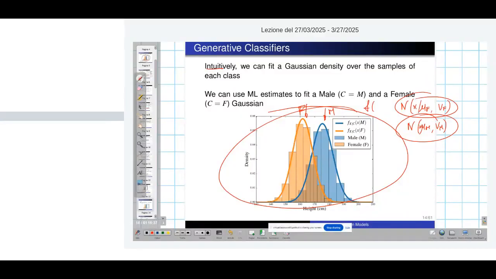So this will be the conditional density given female here, and this is the density given male. And from the histograms, I can see that there is a reasonable match between the histogram and the density. So probably the Gaussian assumption is fairly good for this task.